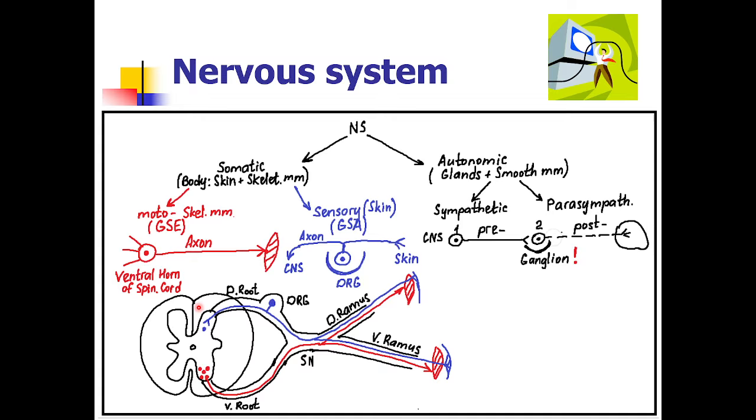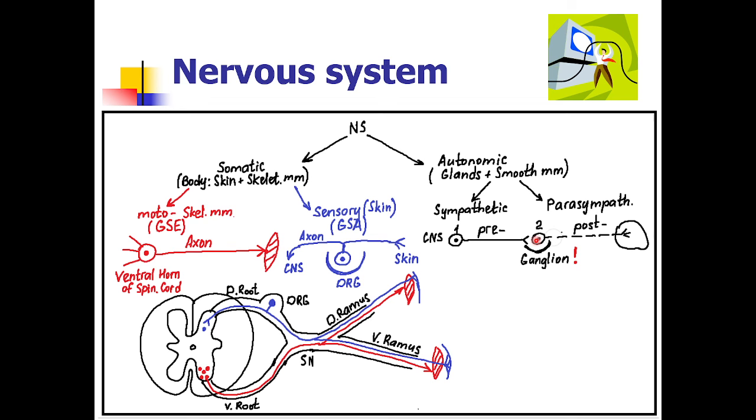Take a look at these schematics. What's supposed to be in autonomic, in both sympathetic and parasympathetic, it has to be that way. We need two neurons to be able to innervate an internal organ with autonomic. We need the first neuron located in the central nervous system.